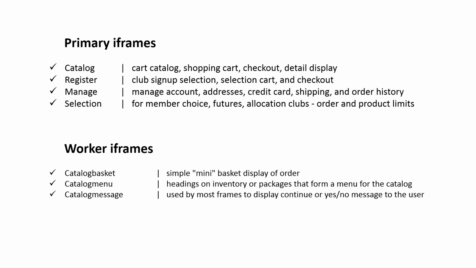Selection is what we're going to be talking about today, which is your member choice system, which you can also use for futures or allocation clubs. The worker frames are used by the primary frames for the mini basket, the menu, and the message window when needed.